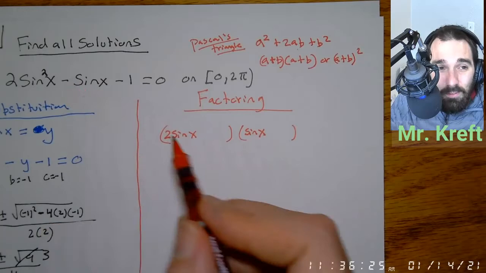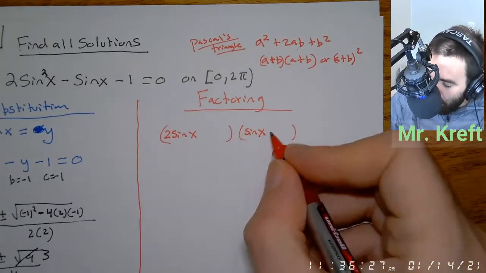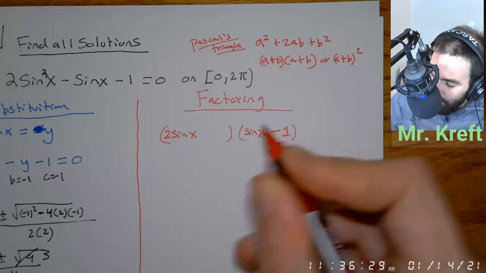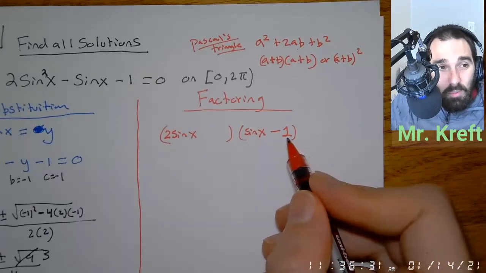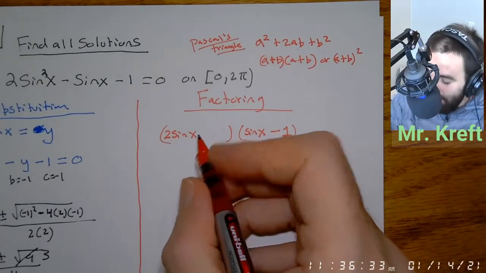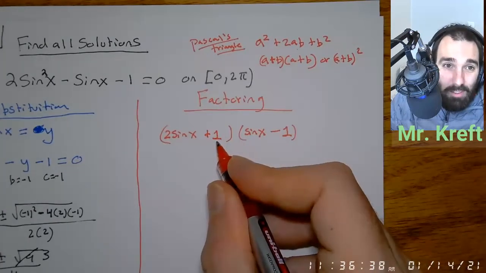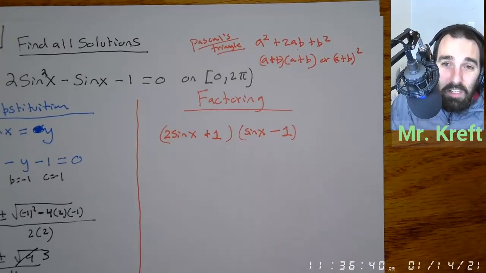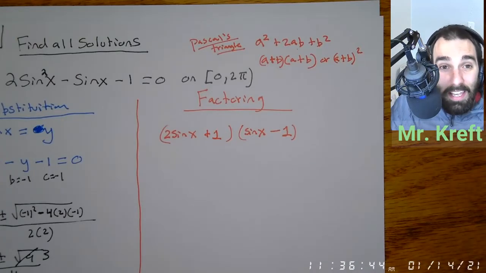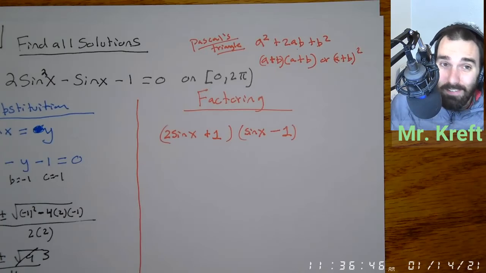So how do I have a 2 and a 1 get to negative? This one's got to be negative, which means this has to be negative, because 2 sine of x times -1 would give me -2 sine of x, and then a positive 1 here would give me sine of x times +1.